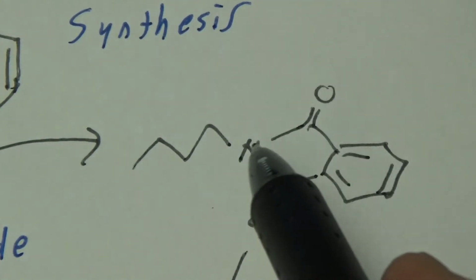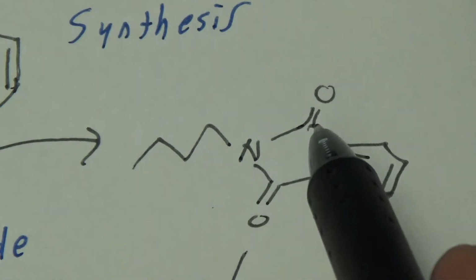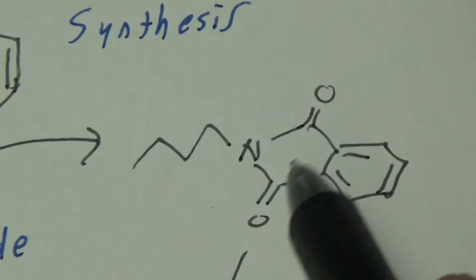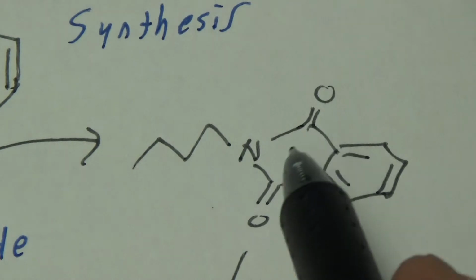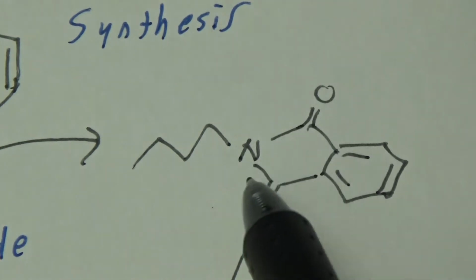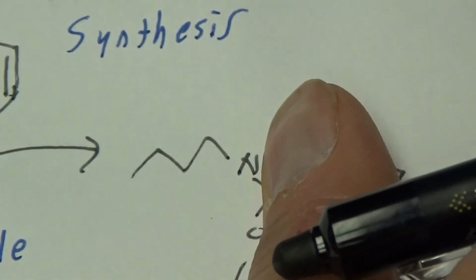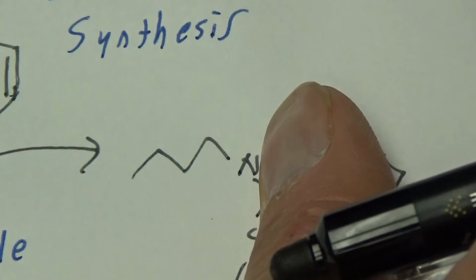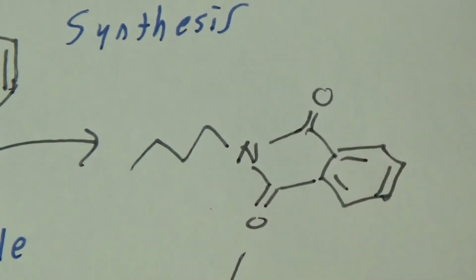There's an amide and another amide, but overall it has the same reactivity and properties of an amide. And we know that with amides we can cleave them. We can cleave this bond, we can cleave that bond, and once you cleave them, you're left with the amine, which we want. So all we've got to do is cleave this thing.